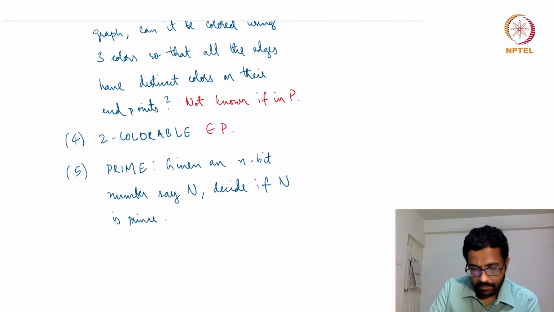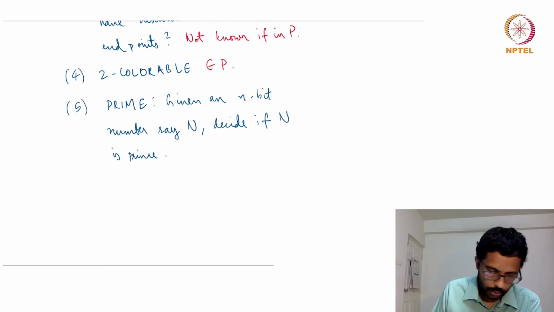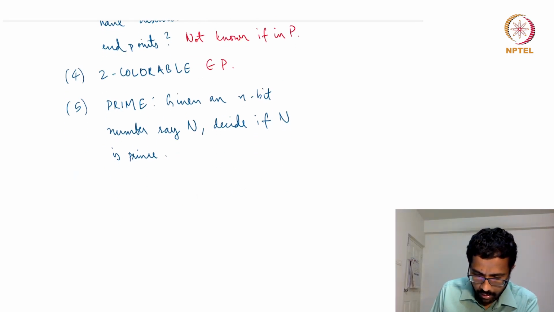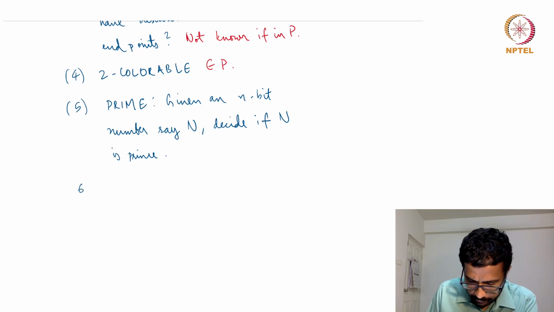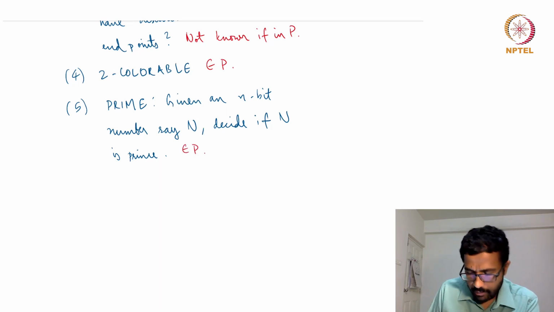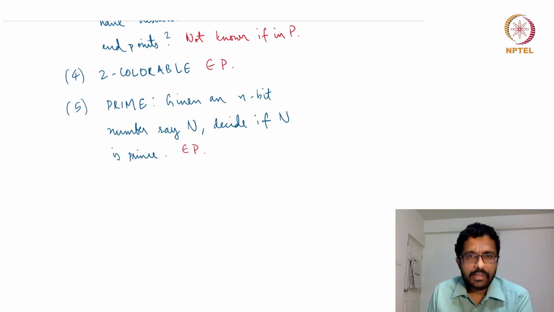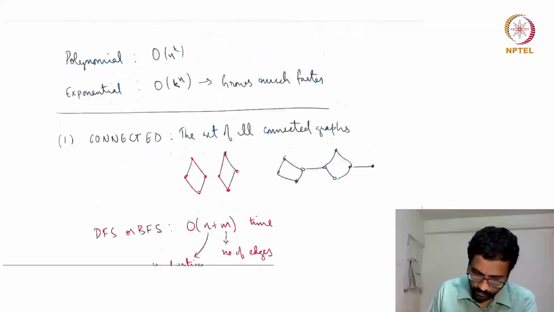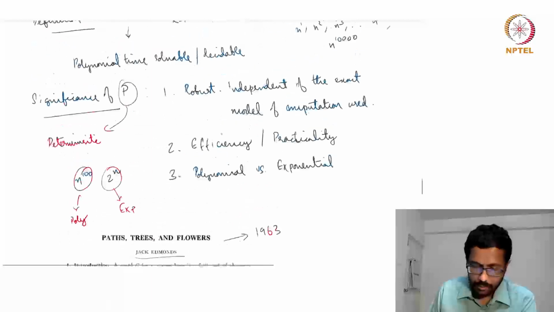This is also in P. So this is another problem that is known to be in P. And you can define other problems as well. So this is the class deterministic polynomial time.